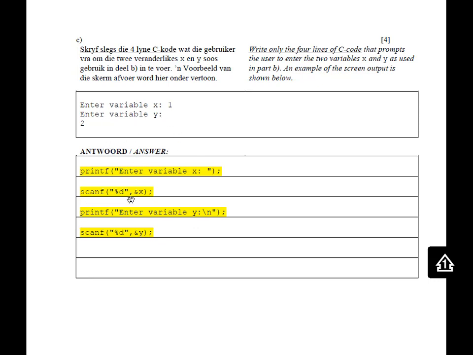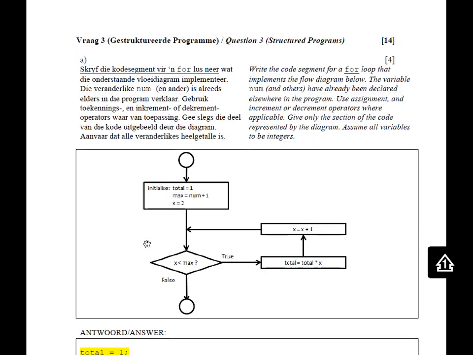And then you use a scanf, %d, because x is an integer, and remember to add the address of x over here, because I think now you guys have been starting on pointers and things like that. So statements like this should be familiar to you. In order for the scanf to work, you have to use the ampersand over here. And then the second part is exactly the same: printf for the variable y, scanf into the variable y.